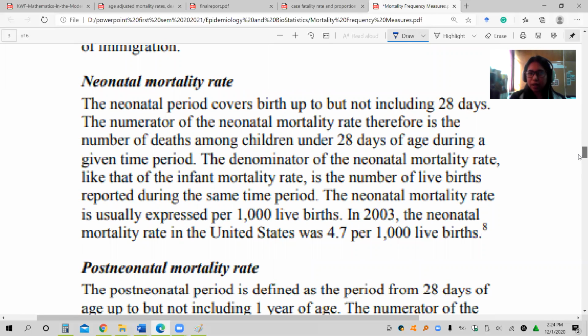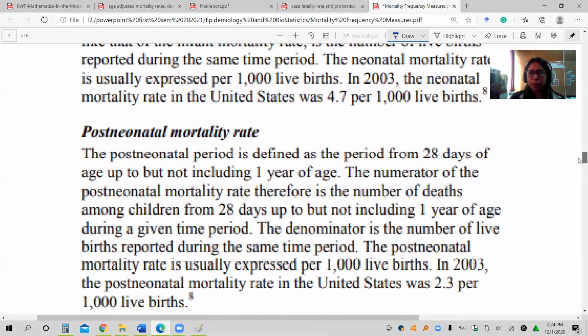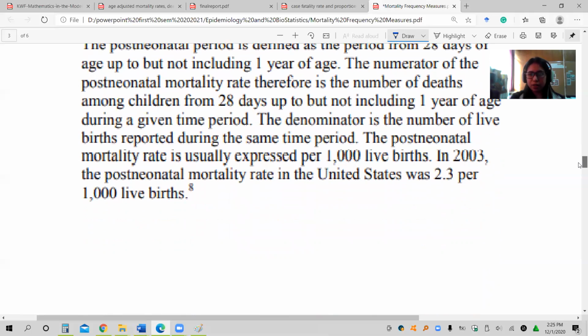This covers birth up to but not including 28 days. So the numerator of the neonatal mortality rate is the number of deaths among children under 28 days. For postneonatal, it is from 28 days of age up to but not including 1 year of age.